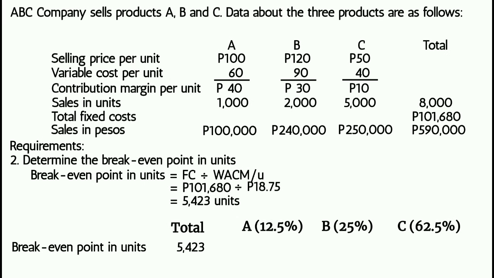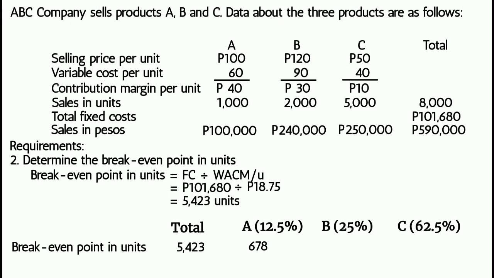So for product A, 5,423 units times 12.5%, that is equal to 678 units. 678 units ng product A ang dapat na mabenta to break even.